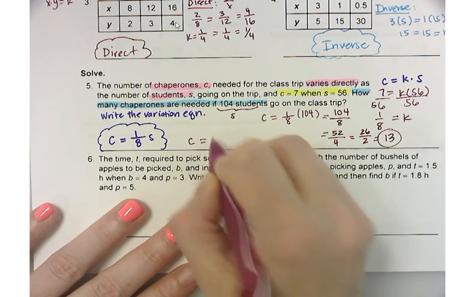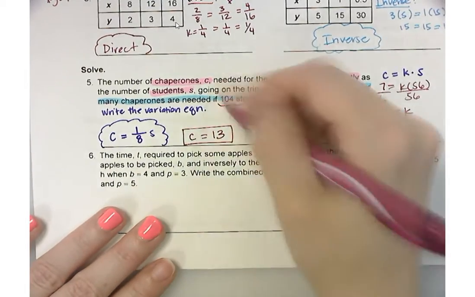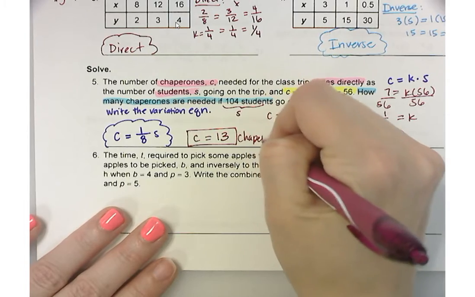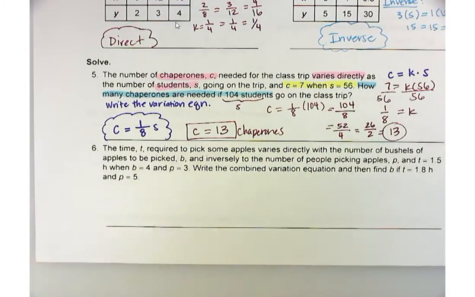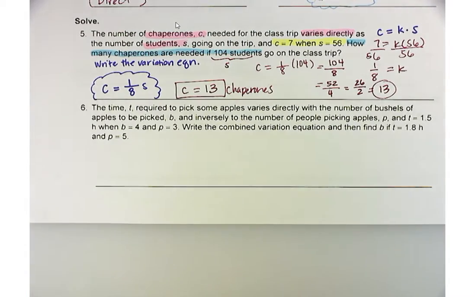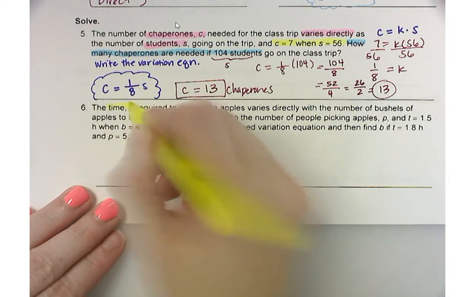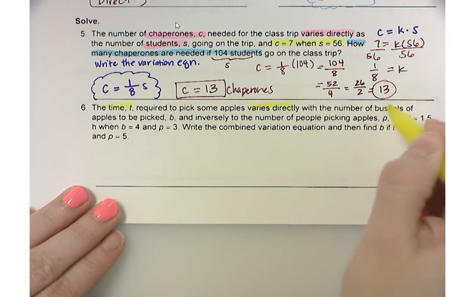All right, for 6, it says the time t required to pick some apples varies directly with the number of bushels of apples to be picked, B, and inversely to the number of people picking apples, P. So this is going to be a combination of two of them.